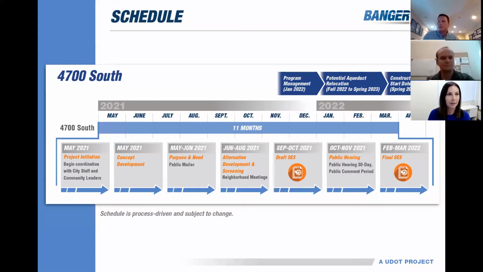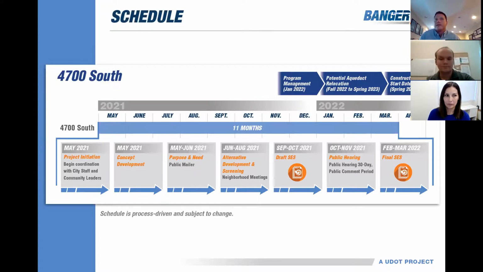Thanks for that additional info, Ivan. Another question from Jason. When can we expect to see the chosen design for 47th? I'll pull that schedule back up, Brian, if you want to talk to that. So we'll be showing the design for this early next year when we finalize the state environmental study.